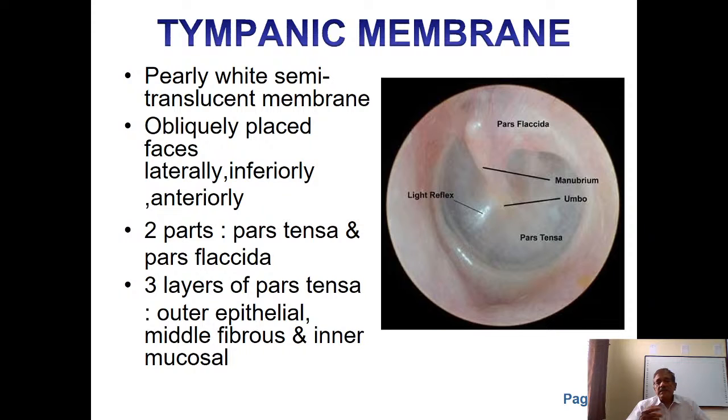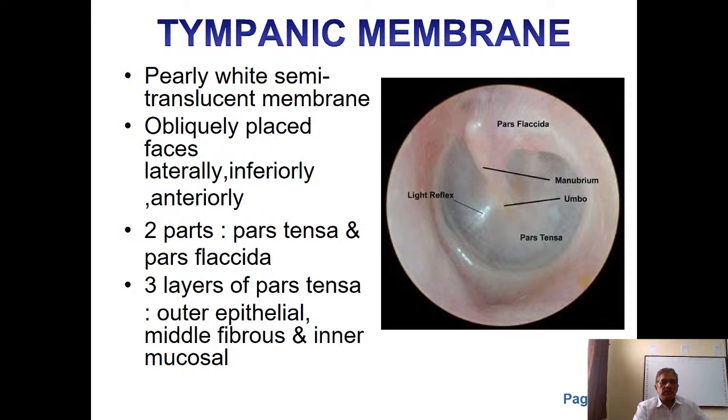And the other difference is that the fibrous tissue, as in the pars tensa, is absent, so there is no tympanic annulus which sits into the groove of the temporal bone. And so there is a small depression which is called the notch of Rivinus. So this is about the tympanic membrane briefly, just to recapitulate.